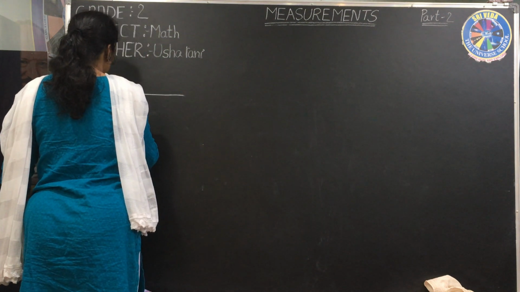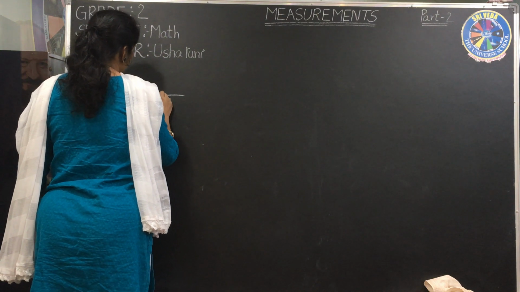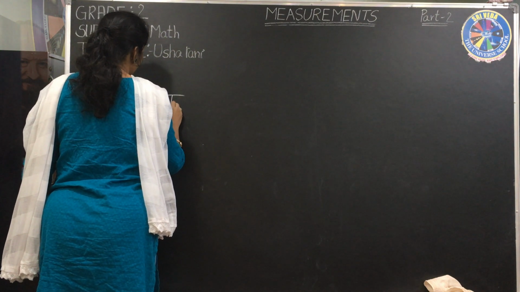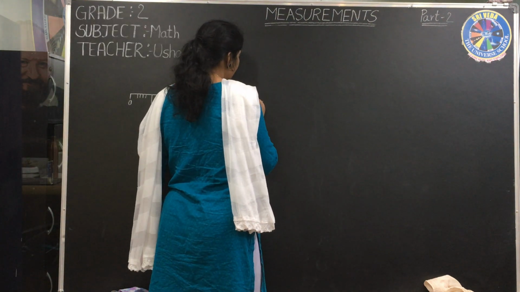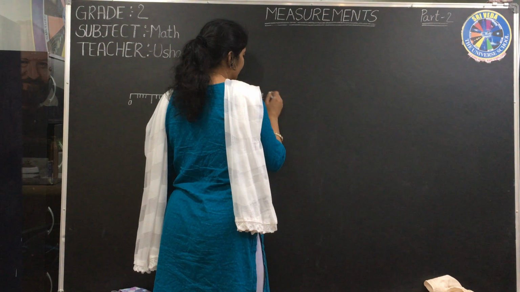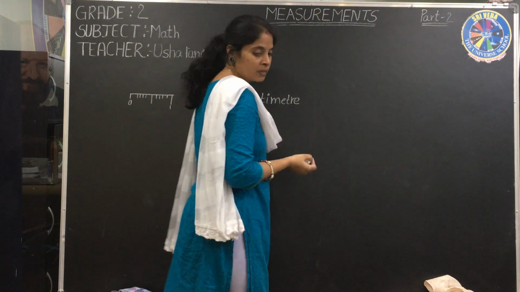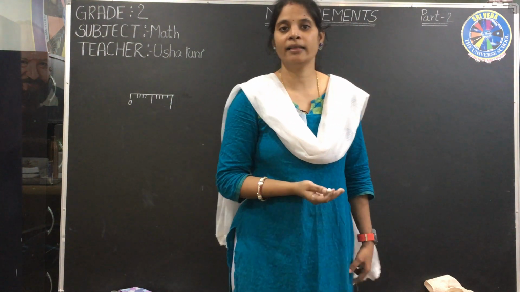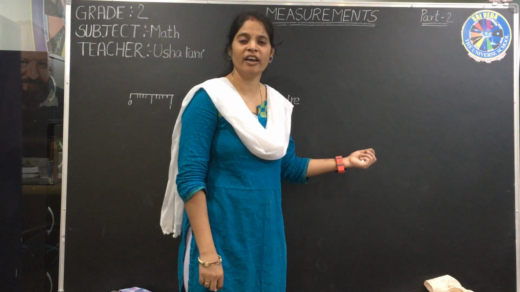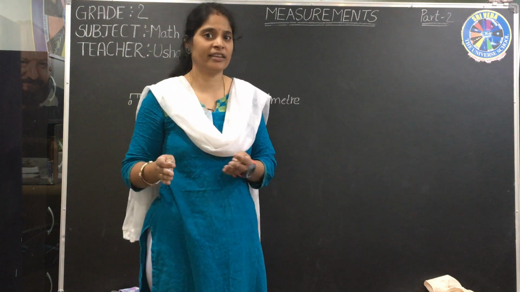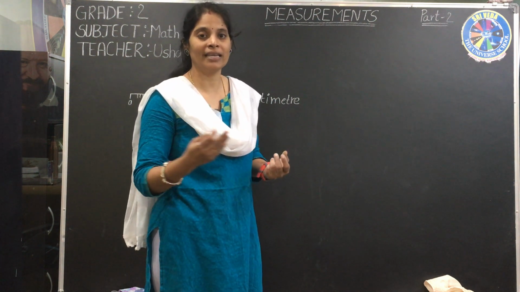Centimeter, C-E-N-T-I, centi, M-E-T-R-E, centimeter. We can measure length with it. This is the unit of length. Every time we cannot write centimeter in full, so we write it in short form.